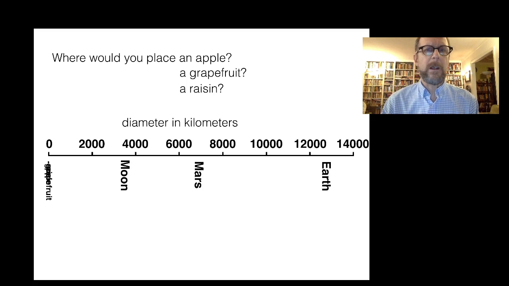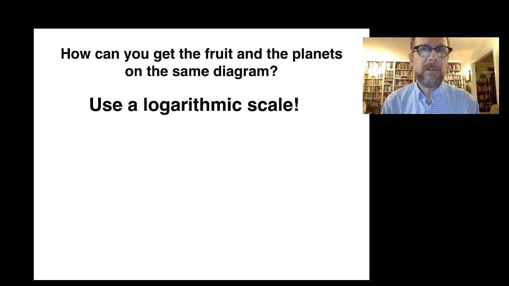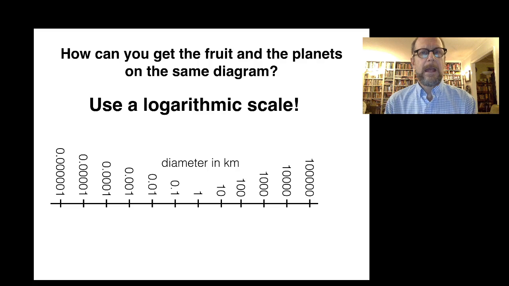And this is where we are going to use a logarithmic scale instead to get the fruit and the planets on the same diagram. And here is a logarithmic scale, diameter in kilometers. Remember, kilometer means 1,000 meters. So 1 here is 1,000 meters. That's about 6/10 of a mile. And we're going by tens here.